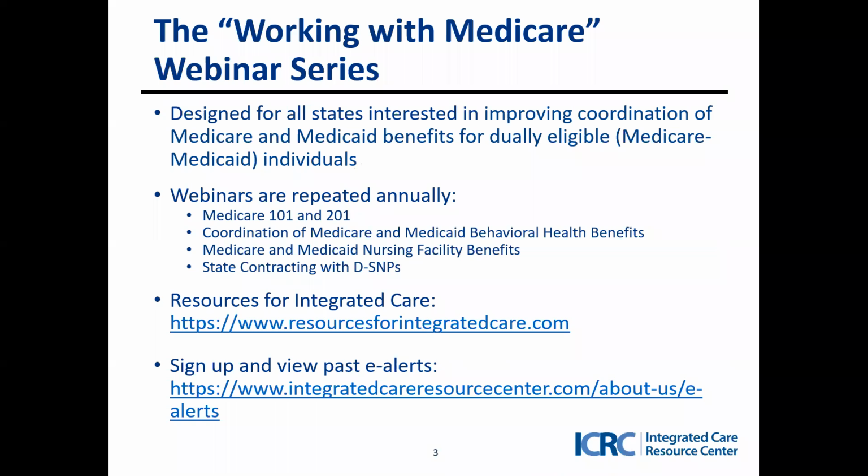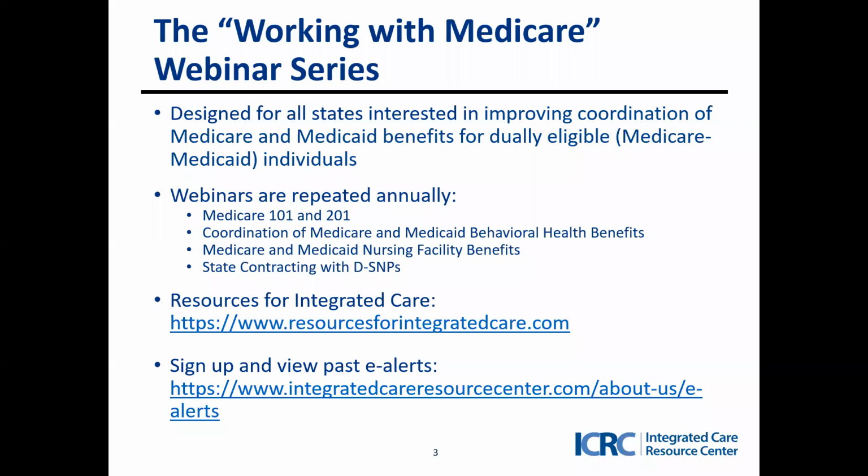So today's webinar is part of a series on working with Medicare, and it was designed for state Medicaid staff who are new to state contracting with dual eligible special needs plans, or D-SNPs, and how contracts with these plans can be used to advance integration of Medicare and Medicaid for dually eligible individuals. These webinars are aimed at a state audience, but they're also useful for a broader audience.